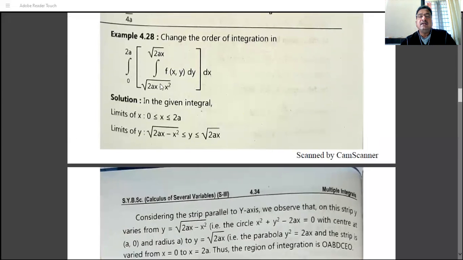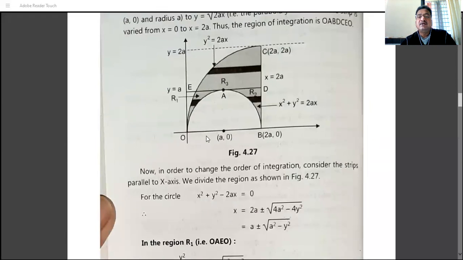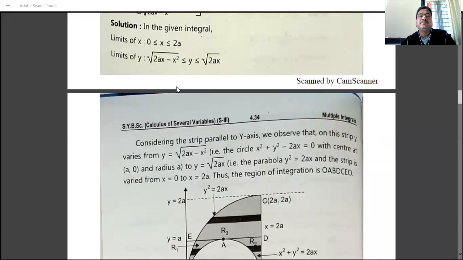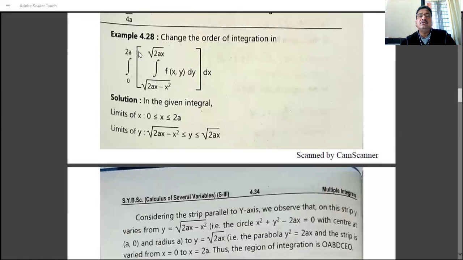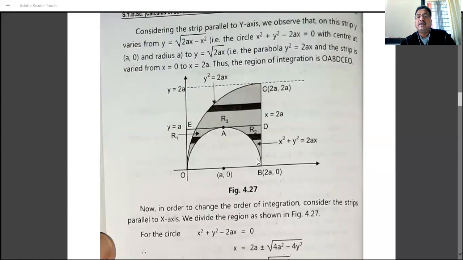Okay, and another line is x equal to 0, which means the y-axis. And x is equal to 2a. This is the line x is equal to 2a, parallel to the y-axis. Suppose the point (2a,2a) lies on the line x is equal to 2a.